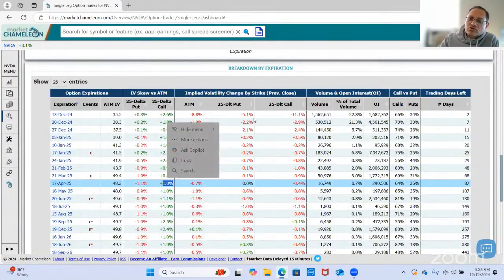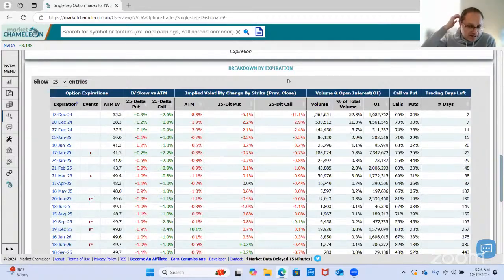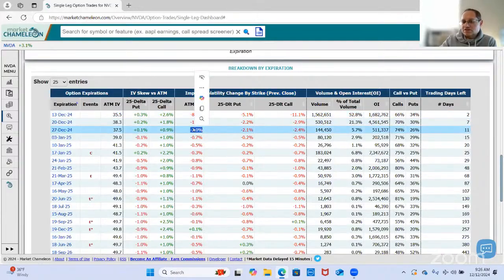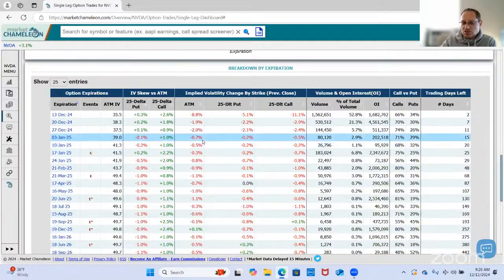But what if we wanted to know how they changed on the day, just like a price change? We'd have to find those same strikes we're referencing and see what they were the day before compared to now. So these are comparing strike by strike, not delta by delta. Whatever this at the money IV is today, whatever strike we're referencing, we're looking at that same strike yesterday to see the change.